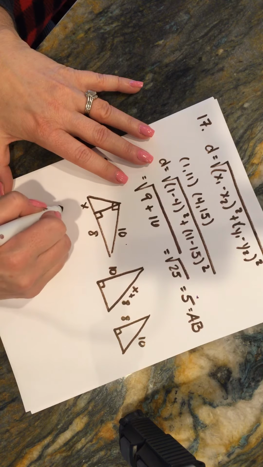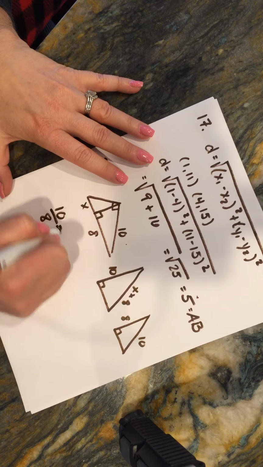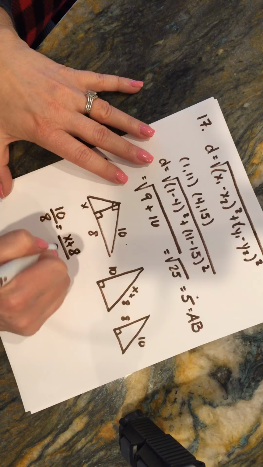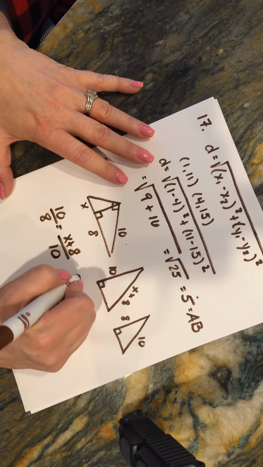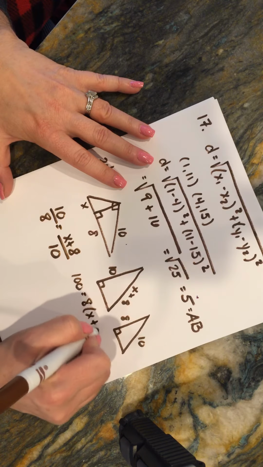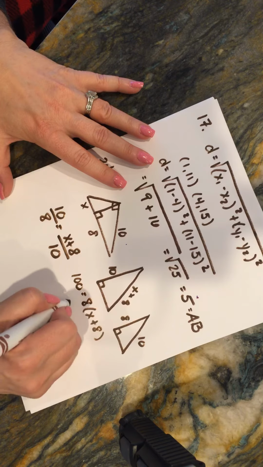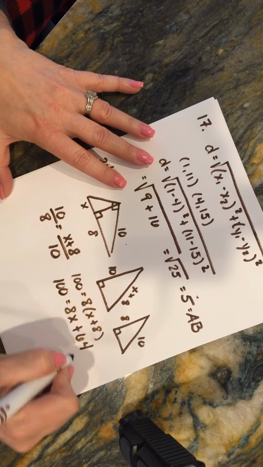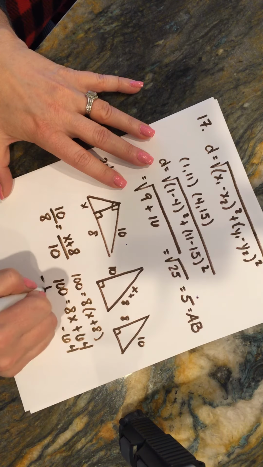So we've got 10 is to 8 as x plus 8 is to 10. And we'll do a little cross multiplication. We're going to need to do some Algebra 1 here by distributing. So 8x plus 64, and then we'll subtract the 64.